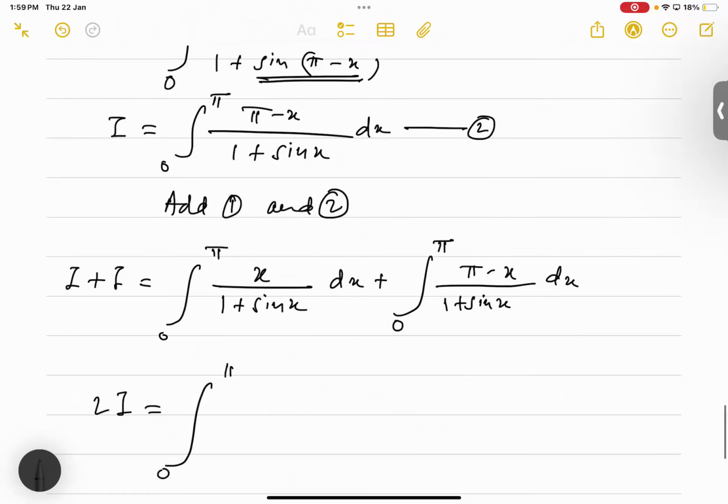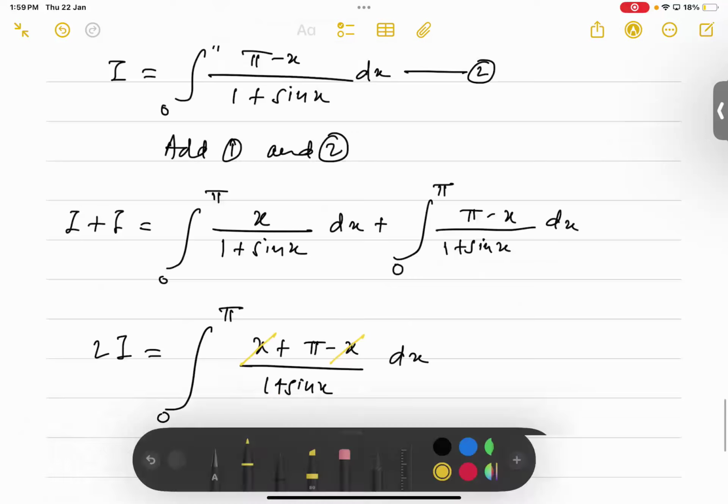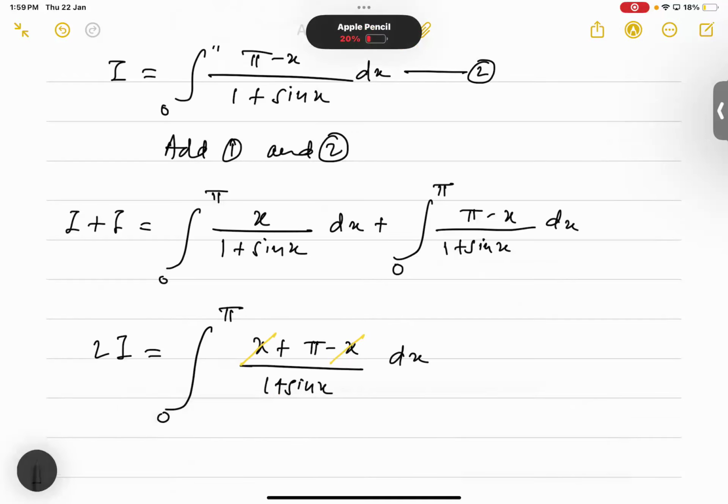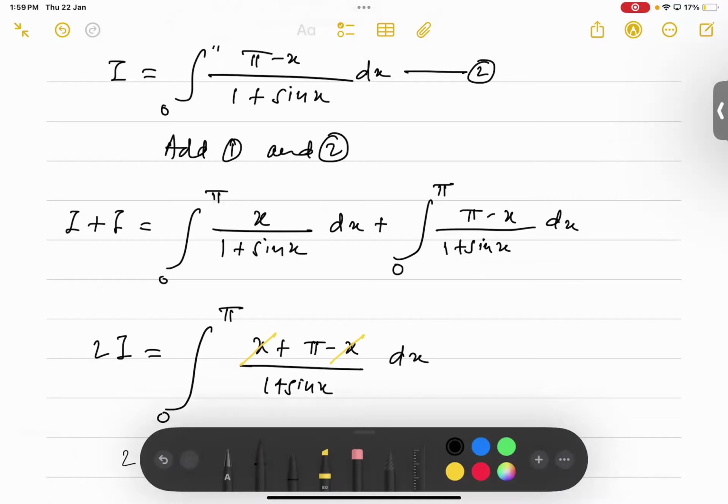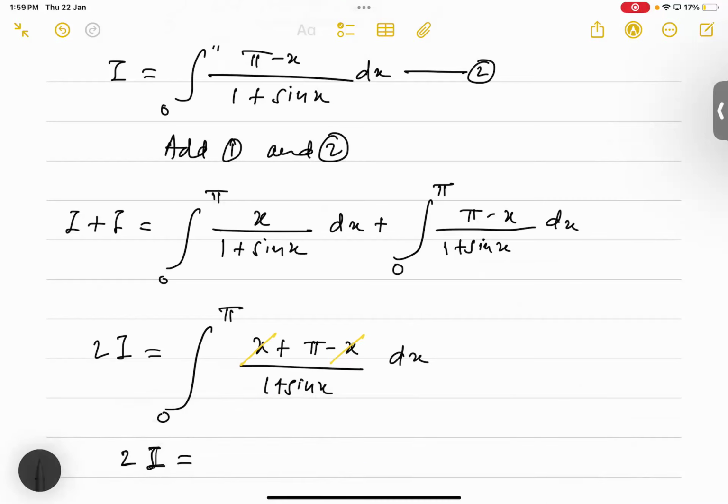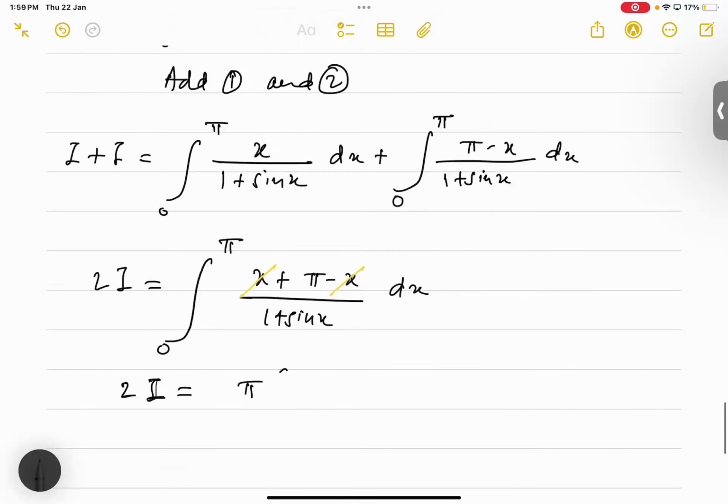I am merging because the denominator is the same and the limits are also the same. So this and this is gone. What happens to the pi? Pi will go outside the integral. Zero to pi. Clear?